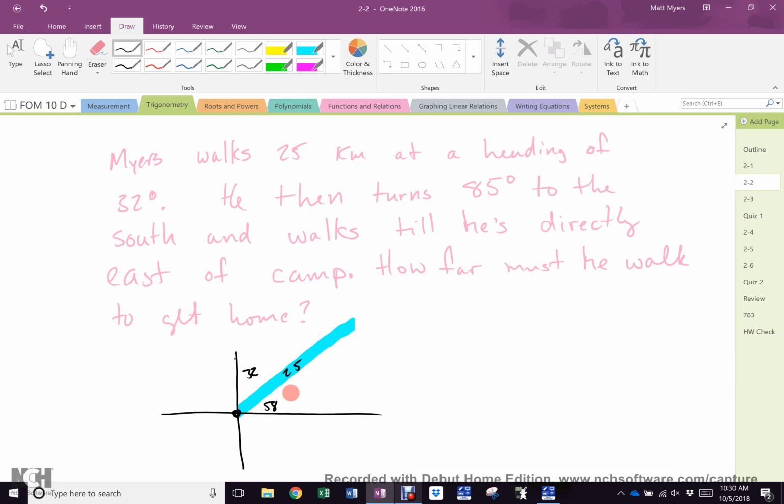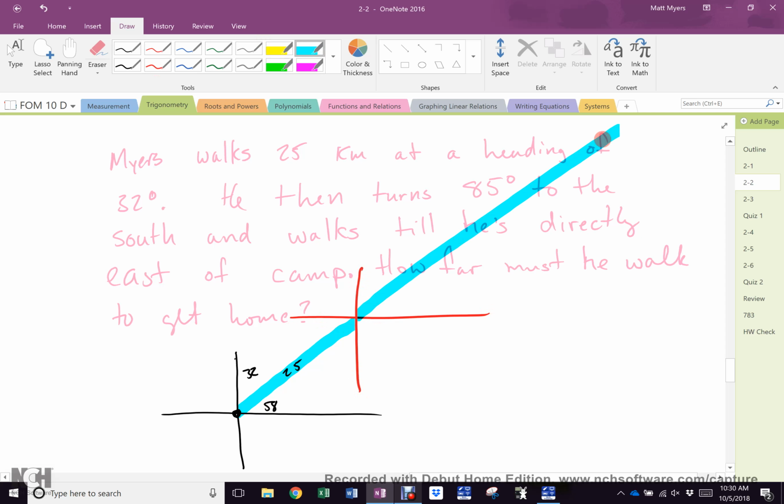Now, what did I do at the end of 25K? I turned, which means I'm starting in a new direction, aren't I? So what must I draw? Another compass. Yes? Now, if I didn't turn, the line would go this way, yes?